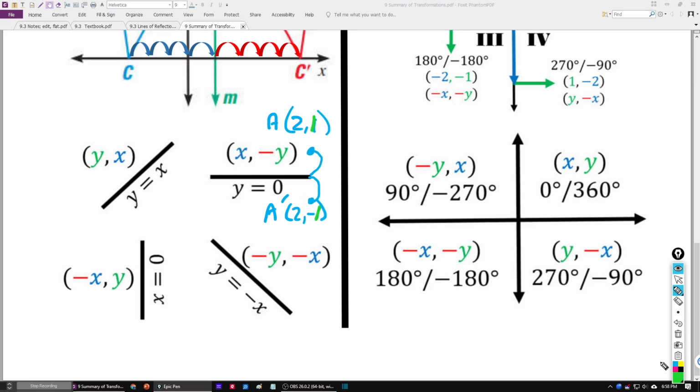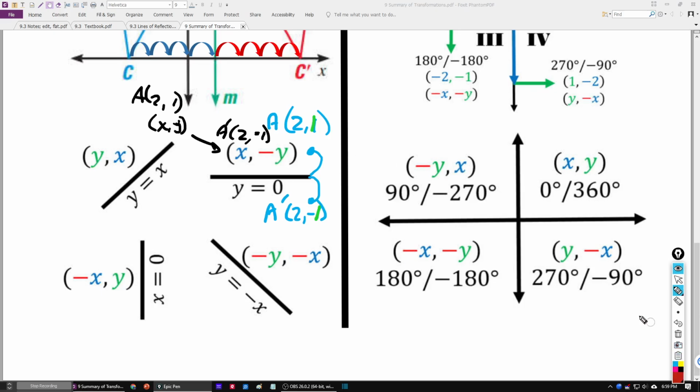So therefore, my rule of transformation is that x comma y goes to x comma the opposite of y. See how that works? In this case it was 2, 1 for A, which goes to A prime, which is 2, -1. So all we did was change the sign of that y coordinate.